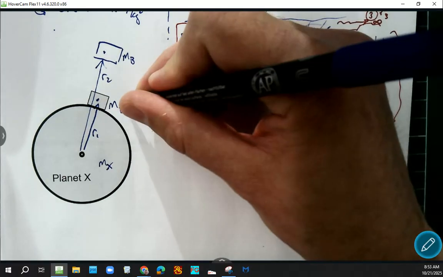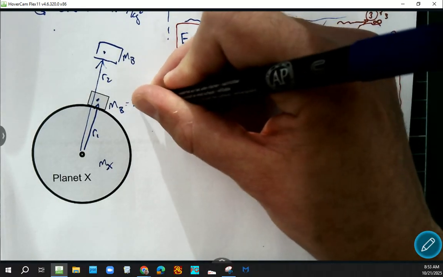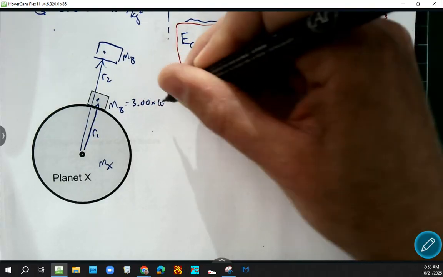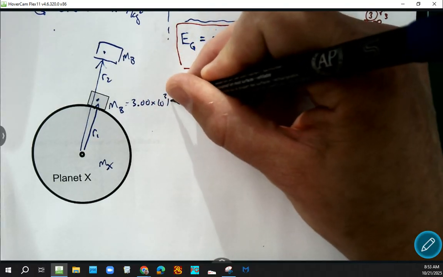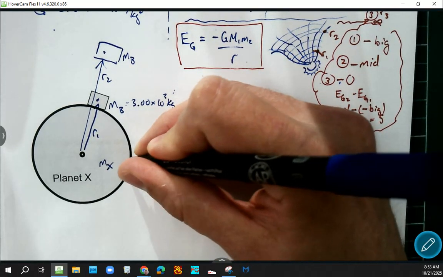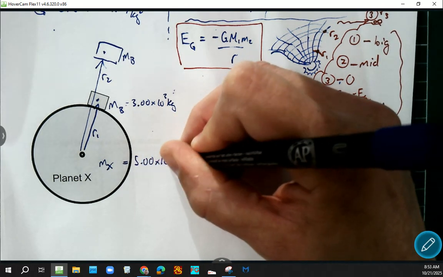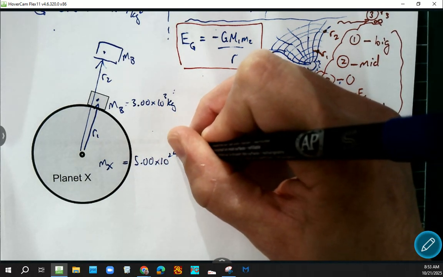And we can say that mass B has a value of 3.00 times 10 to the power of 3 kilograms, so a 3,000 kilogram mass. We'll put this planet on the same order of magnitude as the Earth, 5.00 times 10 to the power of 24 kilograms.